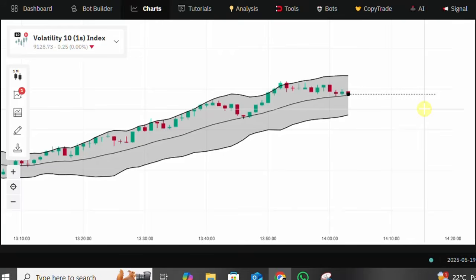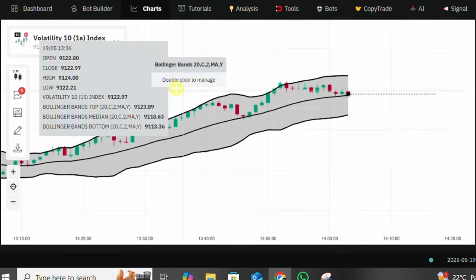Okay, that center line is very important because that is when you can either go for a down trade or up trade. Once the candlestick forms below that, that means you're going to go for a down trade. Above that, always, majority of the time, go for an up trade.